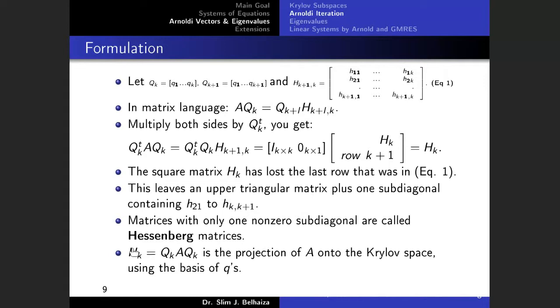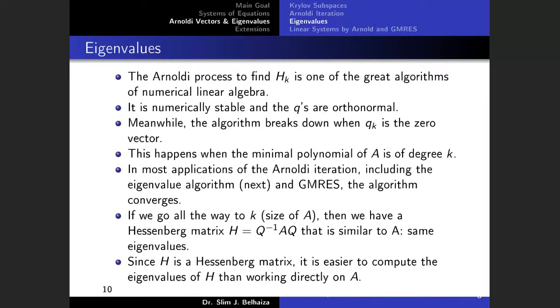You just need to compute the eigenvalues of H and take the largest one. And this acts as an estimation of the largest eigenvalue of A. That was the last point here, in fact. We said since H is a Hessenberg matrix, it's easier to compute the eigenvalues of H than working directly on A.